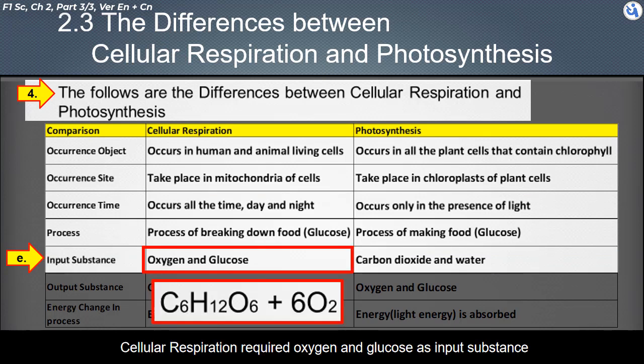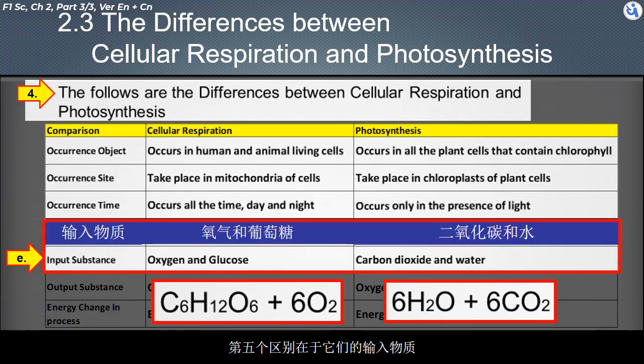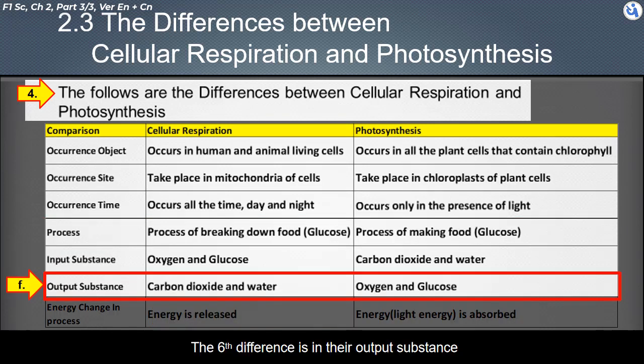Cellular respiration requires oxygen and glucose as the input substances, whereas photosynthesis requires carbon dioxide and water as the input substances.